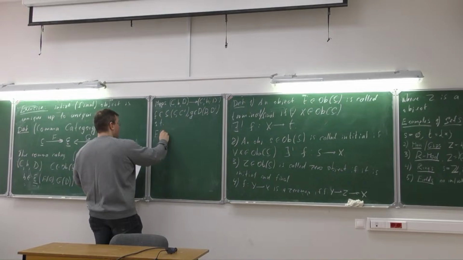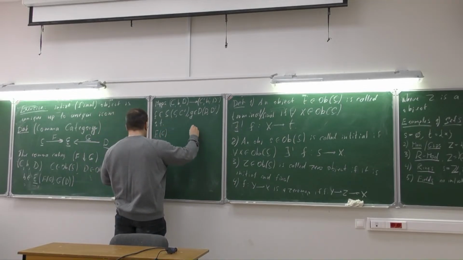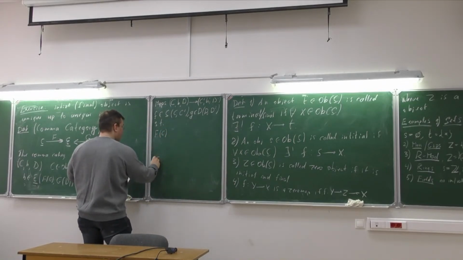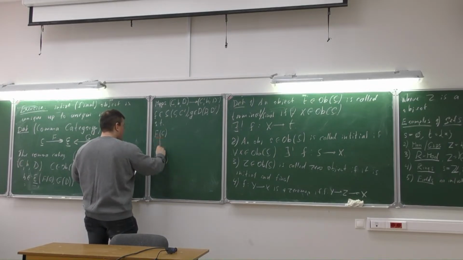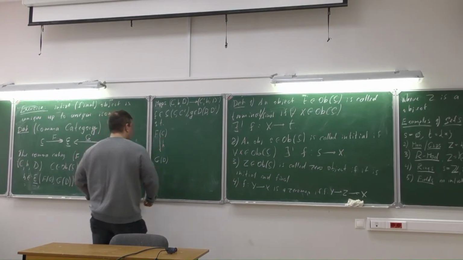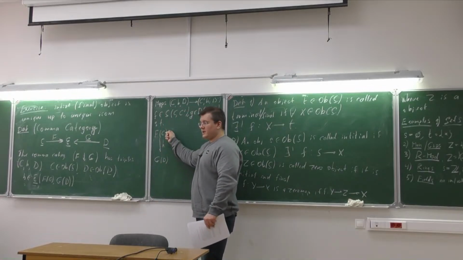We have F(C) and G(D), and there is the map H. Notice that this diagram is precisely the object in this comma category.